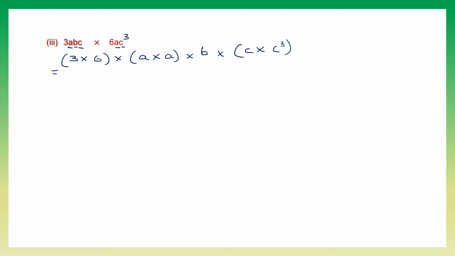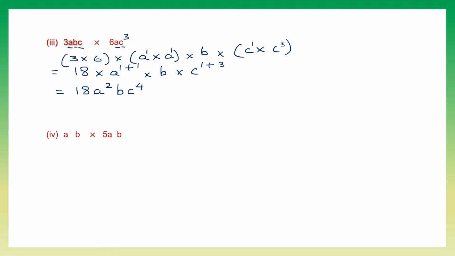Okay, let's solve this. 3 6s are 18 into a, this is 1 and 1, so that becomes 1 plus 1, into b, into c, we have 1 here, so that's 1 plus 3. So what do we get? 18, a to the power of 1 plus 1 is 2. We have b by itself, c, 1 plus 3 is 4. So this is our final answer, 18, a square, b, c to the power of 4.